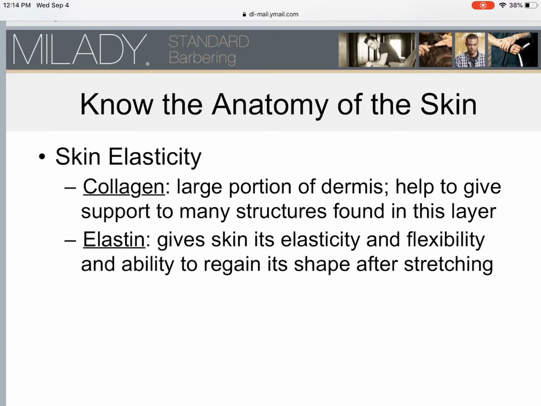When collagen fibers become weakened, wrinkles and sagging of the skin can occur. Elastin gives the skin its elasticity and flexibility and the ability to regain its shape after stretching. When healthy skin expands, it regains its former shape almost immediately. Conversely, one of the most prominent characteristics of aged skin is its loss of elasticity. So, I mean, this is self-explanatory, but collagen and elastin are very important in helping the skin to maintain its healthy look, keeping the skin elastic.